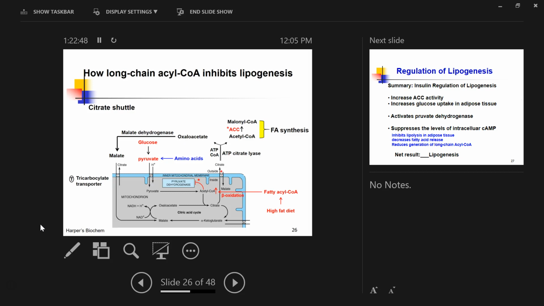Put together, the long chain acyl-CoA can directly inhibit ACC activity, and also inhibits the transporter of citrate, and inhibits the pyruvate dehydrogenase, causing a decrease in the substrate, right?